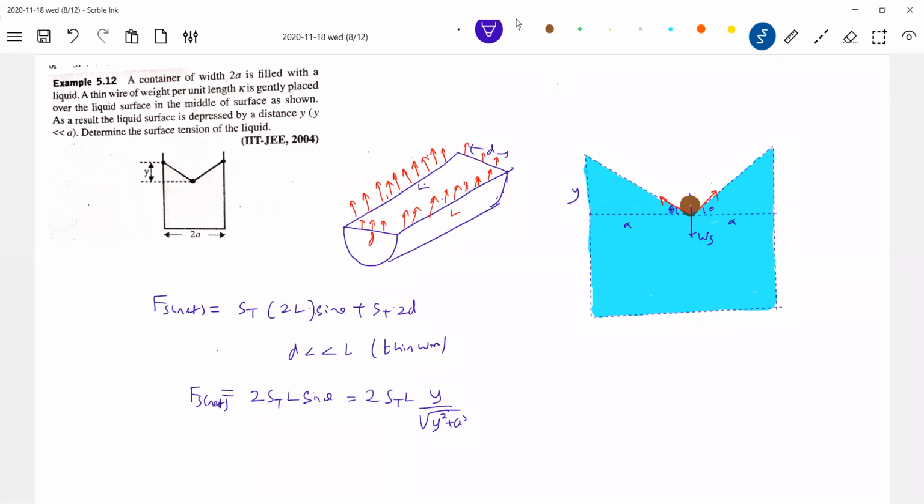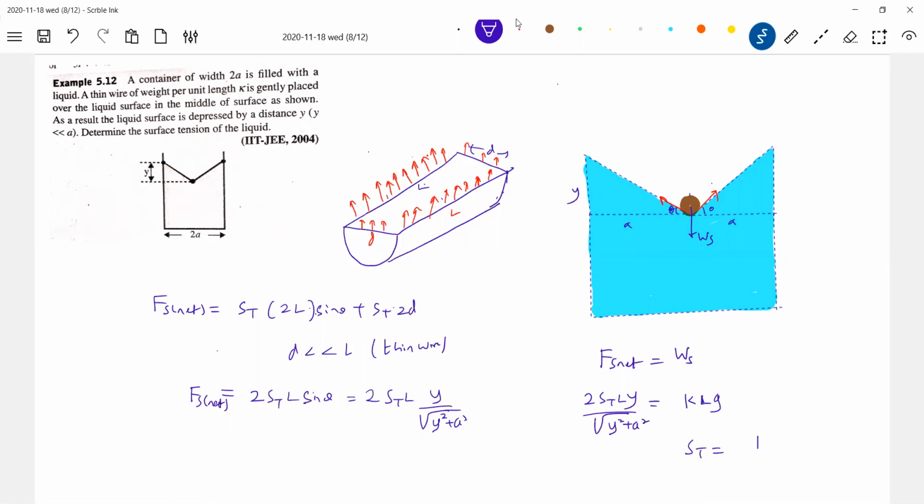Then let's come to that one. Who will balance the weight? For equilibrium, the force due to surface tension should balance the weight of the wire. Total weight is what he has given. The weight per unit length is K. So K into L into g. The L gets cancelled, so we'll get the expression for surface tension.